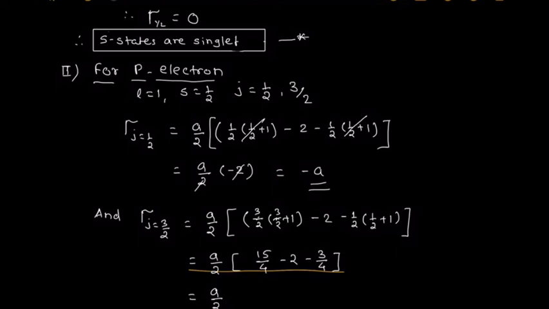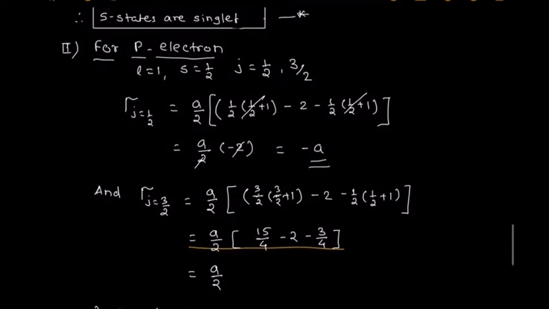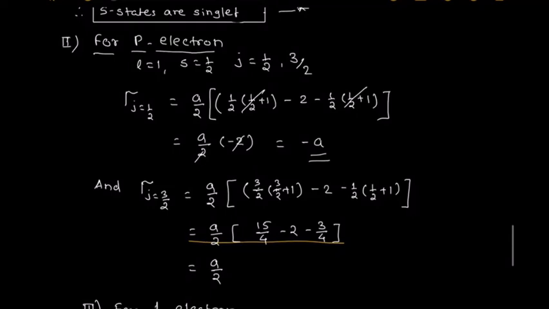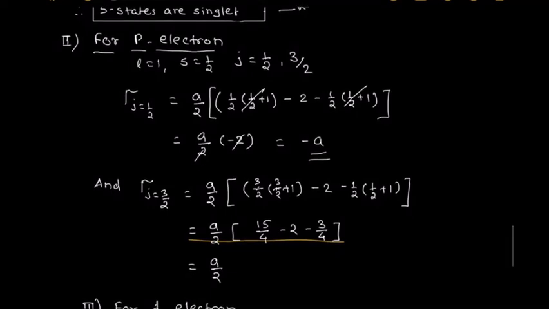This is the first term simplified: 15 by 4 minus 2 minus 3 by 4, and if we simplify the bracketed term we get A by 2. This is plus A by 2. We know that doublet P 3 by 2 is the upper state and doublet P half is the lower state. Lower is minus A, upper is plus A by 2.